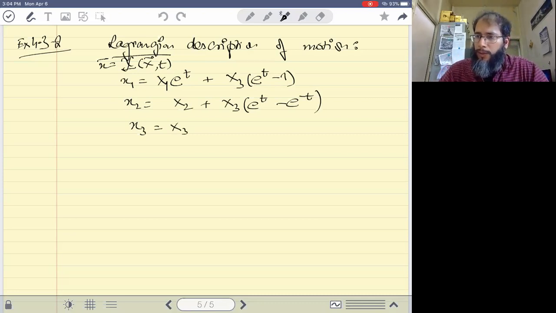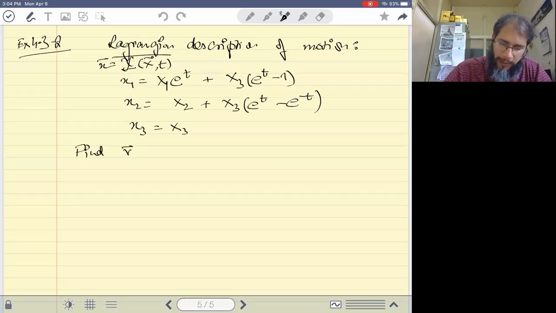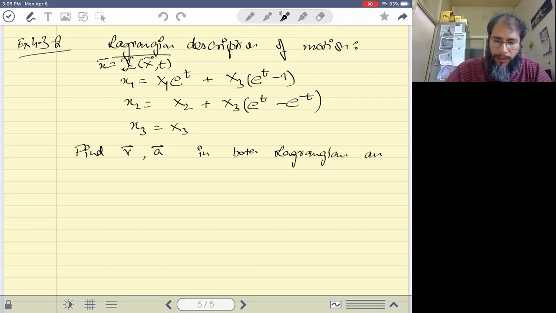Okay. So it's been asked to find the velocity and acceleration in both Lagrangian as well as Eulerian forms. So find the velocity field and the acceleration field in both Lagrangian and Eulerian descriptions.